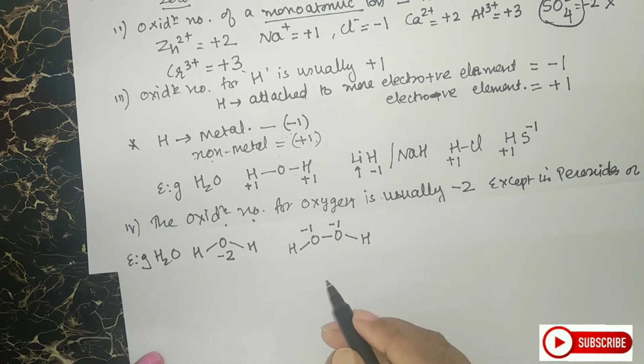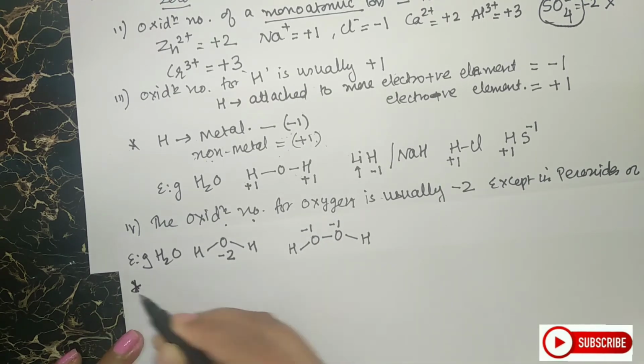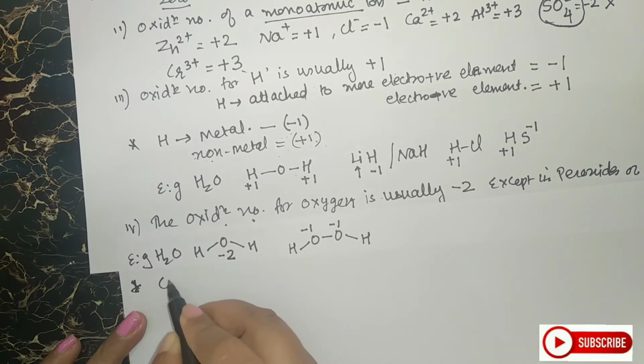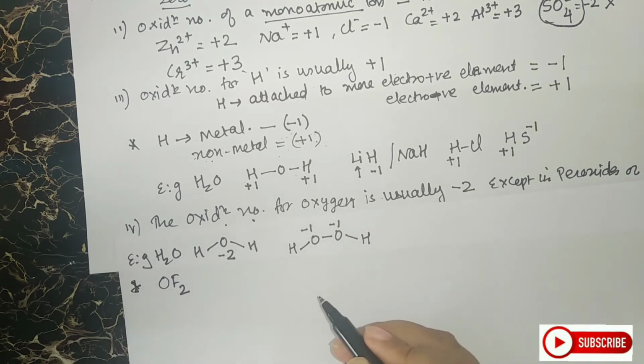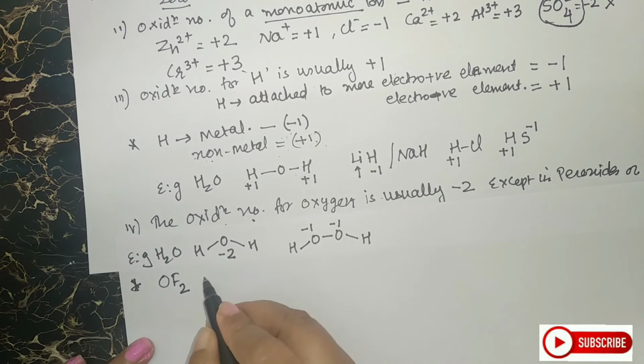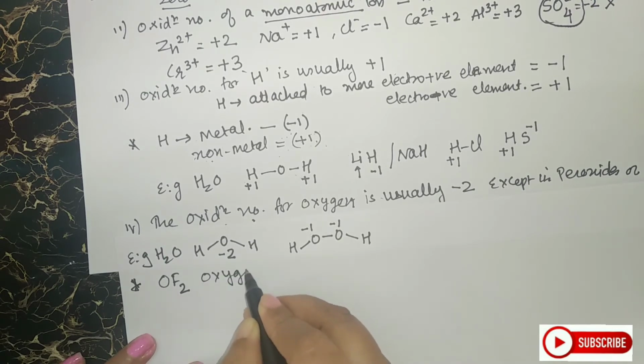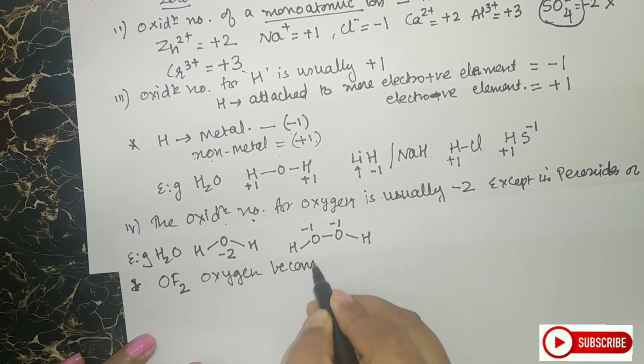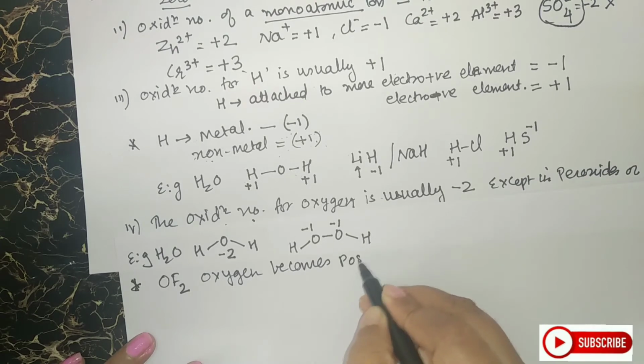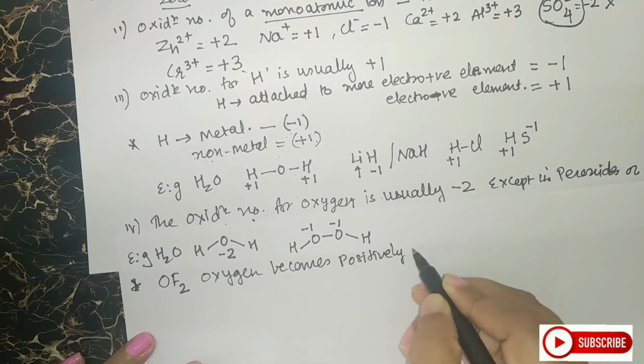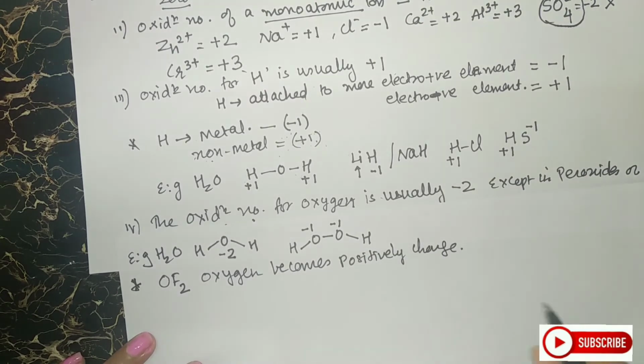One more very important exception that you must remember is that in OF2, that is oxygen difluoride, oxygen becomes positively charged. So this is very important. Why is it so?